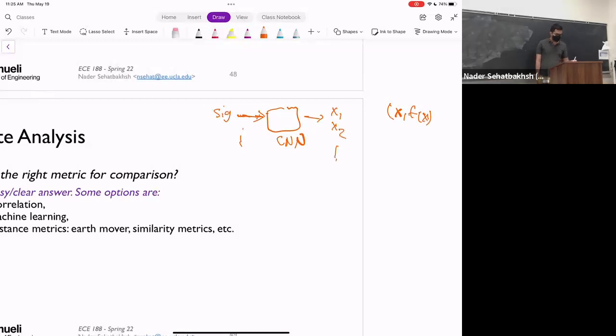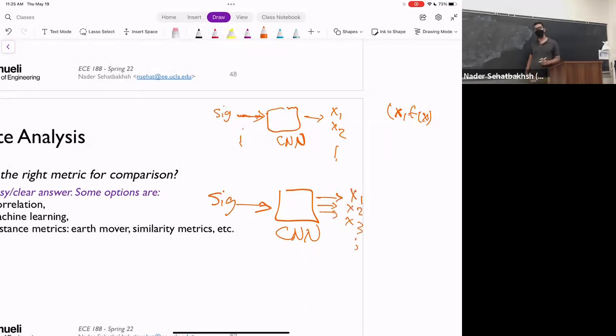Then I'm going to train this machine learning model, the CNN. And then during the attack, I feed the signal to the CNN, and it's going to give us a classification of whether this is x1, x2, x3, and so on. So very similar to the way that we do, for example, image recognition, we can also do this type of side channel attacks on our CNN as well. Okay.